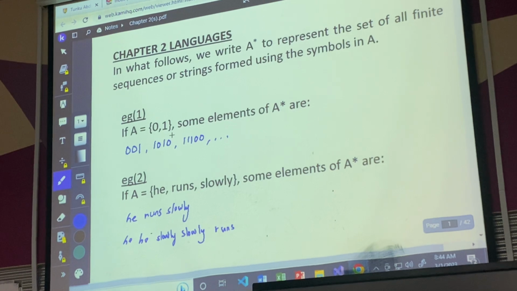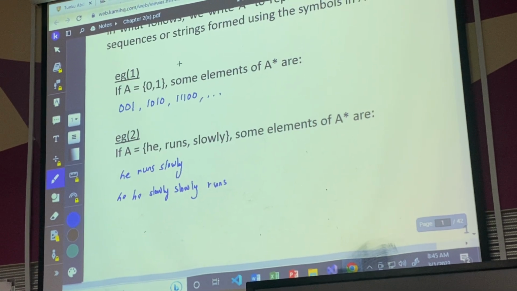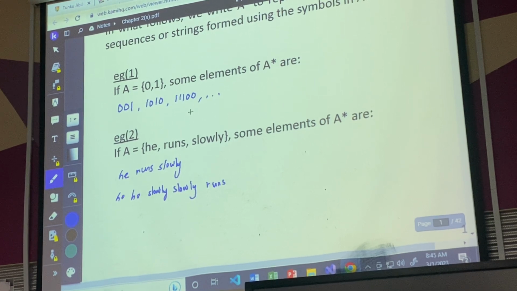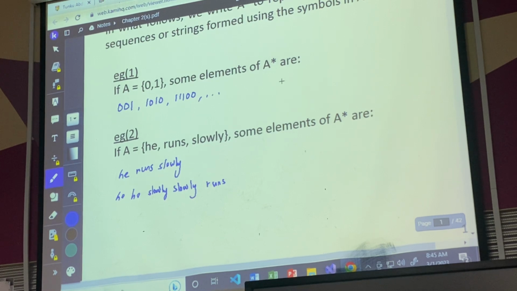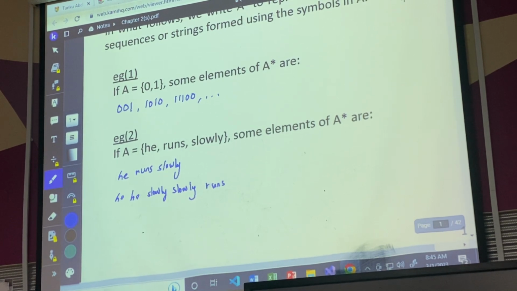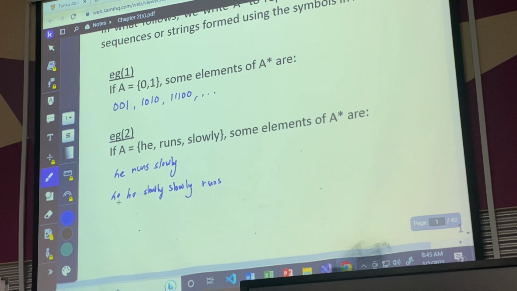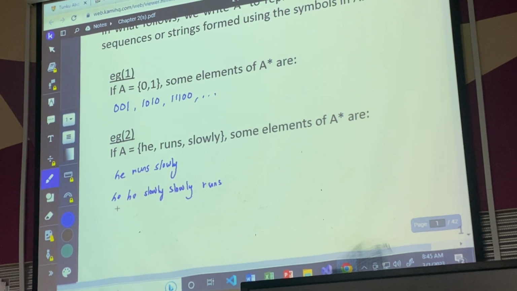Okay. Any other string you can form from here? Give me any example. What are the examples you can have for the string here? Anything you can tell me. Why so quiet?